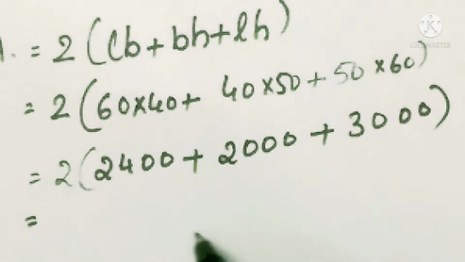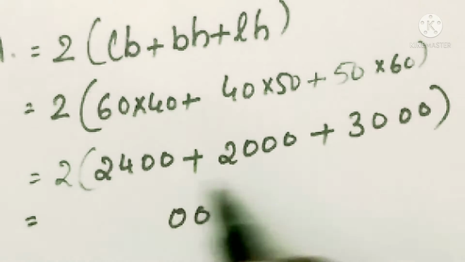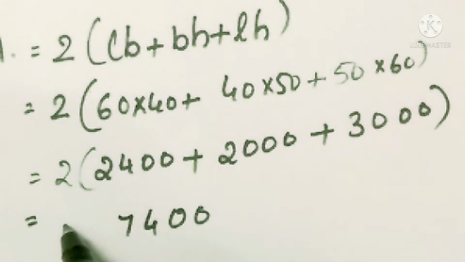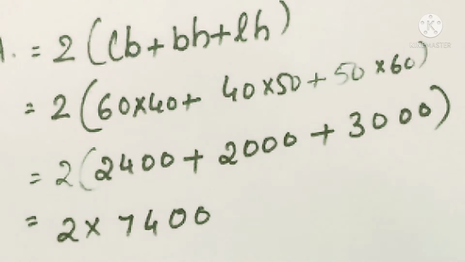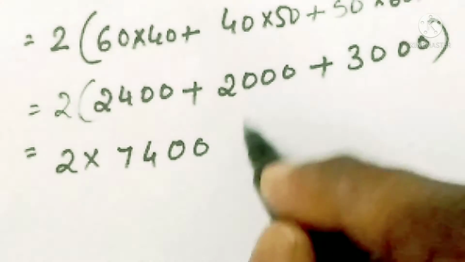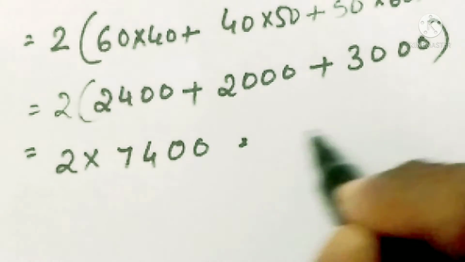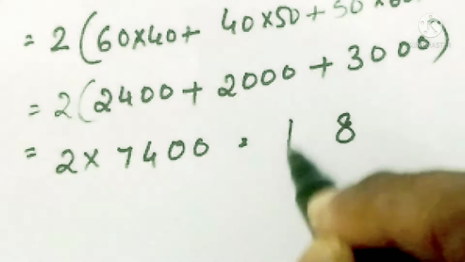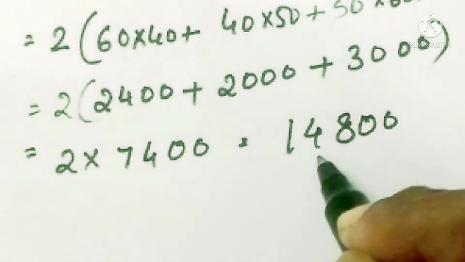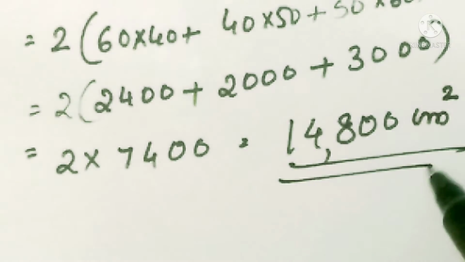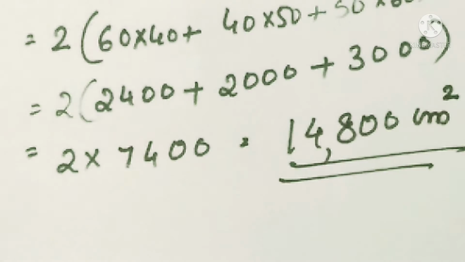Add all of them, that is 7,400. 2 into 7,400 is equal to 14,800 centimeter square. This is the total surface area of the cuboid.